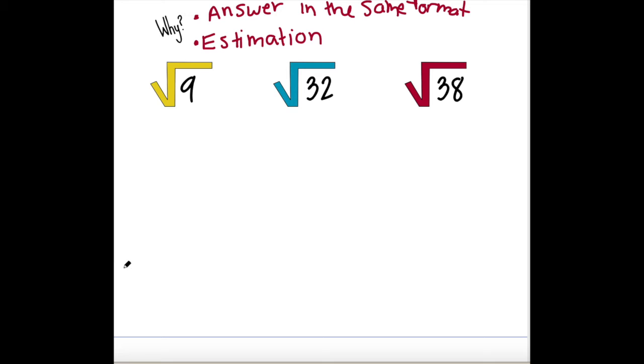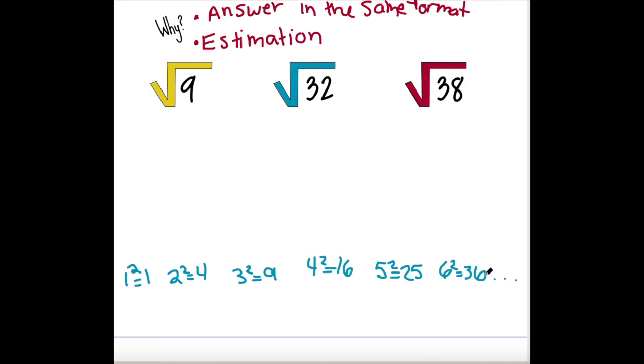Perfect squares are the numbers that you get when you square a number. 1 squared equals 1, 2 squared equals 4, 3 squared is 9, 4 squared is 16, 5 squared is 25, 6 squared is 36, and we could keep going if we wanted to.